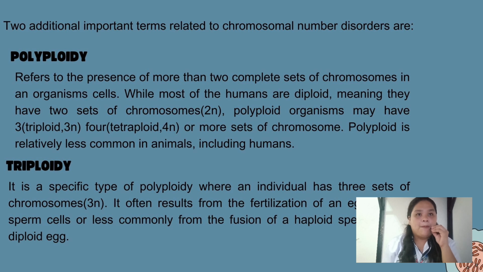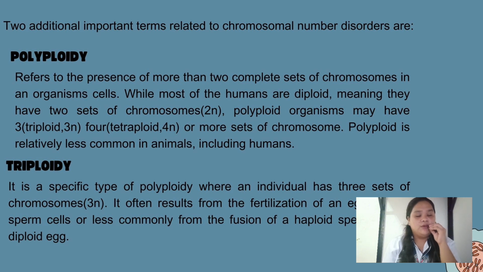The prefix poly means many and the term ploidy indicates sets of chromosomes. So pag pinagsama mo yung polyploidy, ang ibig sabihin nun is many sets of chromosomes. It refers to the presence of more than two complete sets of chromosomes in an organism's cells.